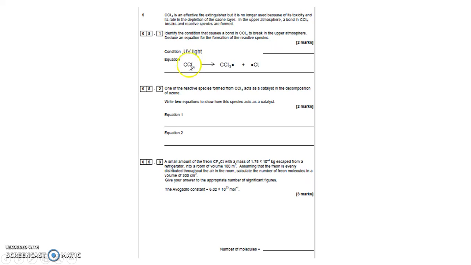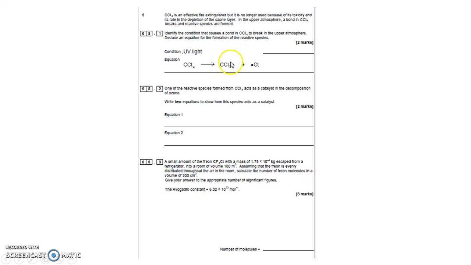And actually, between the C and just one of the Cl's, the pair of electrons separate, and one electron goes onto the Cl as the bond breaks, and the other electron goes onto the C. Now that's come from the mark scheme.